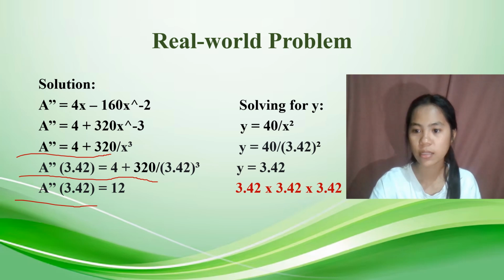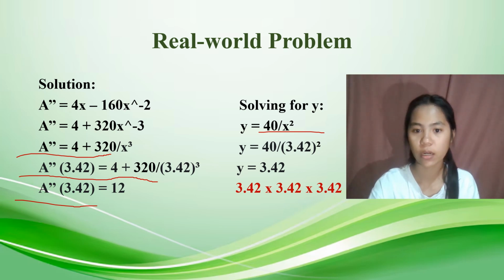Now, the last thing we're gonna do is to substitute the minimum value, which is 3.42, to the equation of y. Now we have here 40 over x squared, which will become 40 over 3.42 squared.